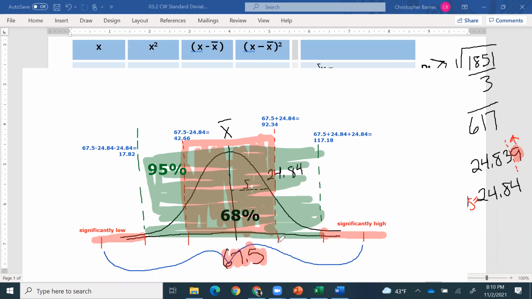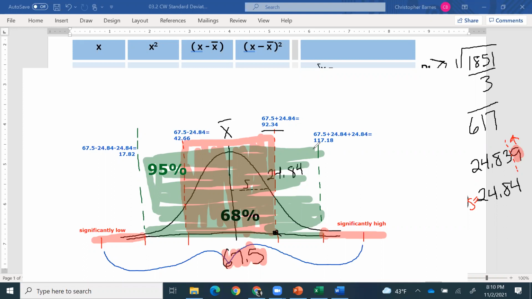We can calculate the actual value that's 1 standard deviation above, and that information is listed here. We take the mean, we add the standard deviation to it once, we get a value of 92.34. That's the real world value of that.